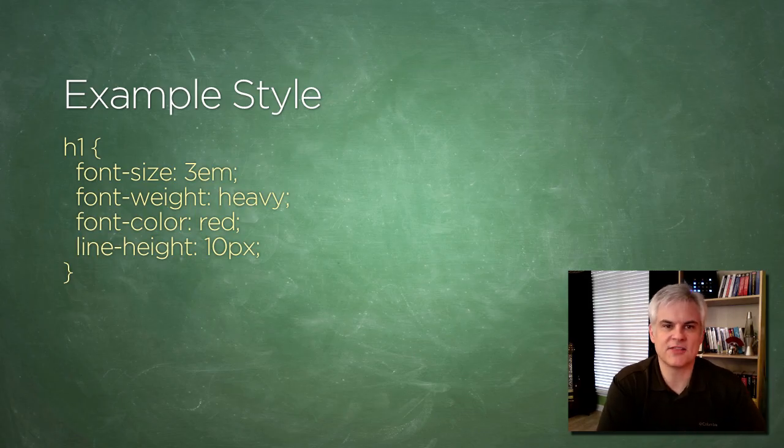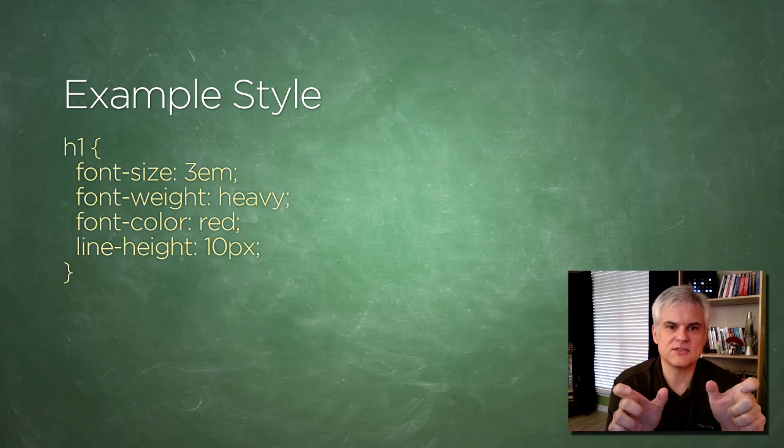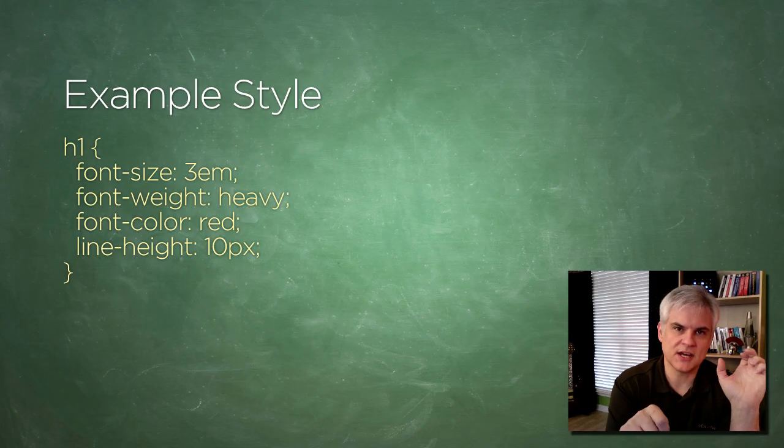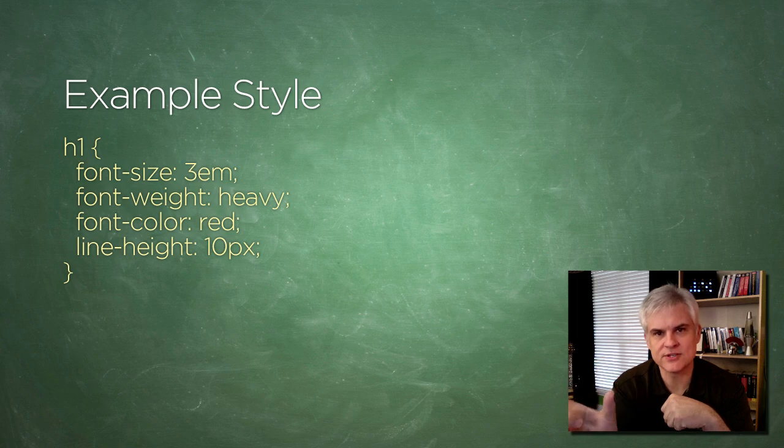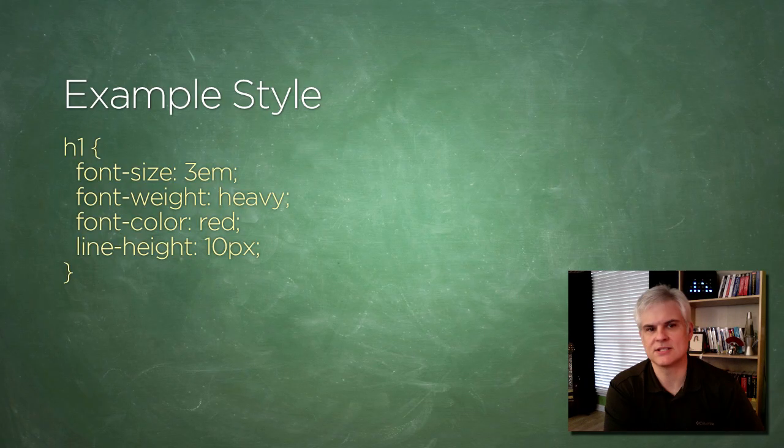And third, inside of the curly braces, there's a collection of name-value pairs that are separated by semicolons. And then finally, in the innermost parts on each line, you see a combination of the CSS property name, colon, and then the value you're setting it to. And so the colon is the separator between the property name and the value you're setting it to.